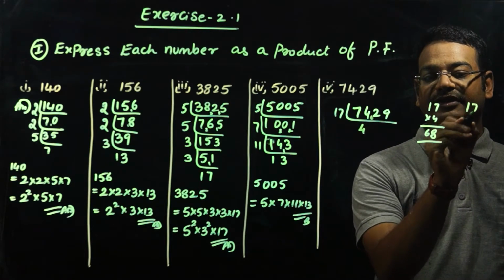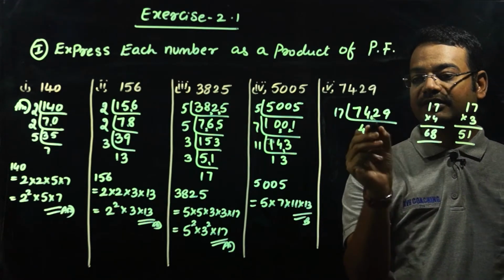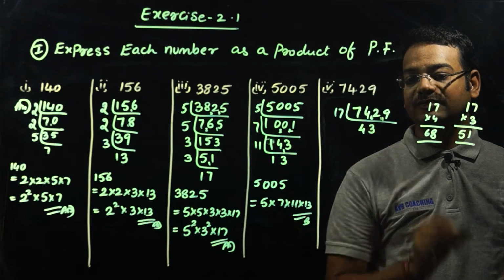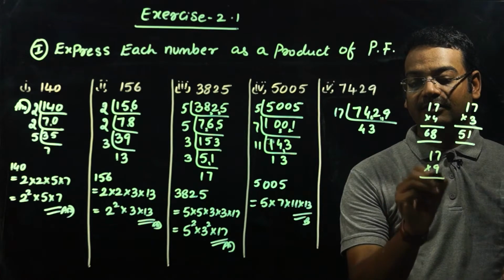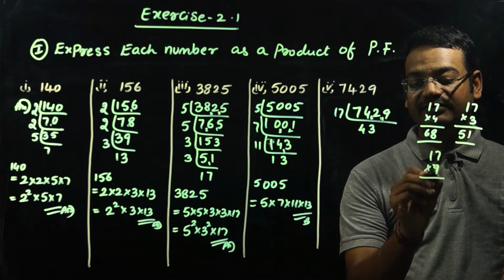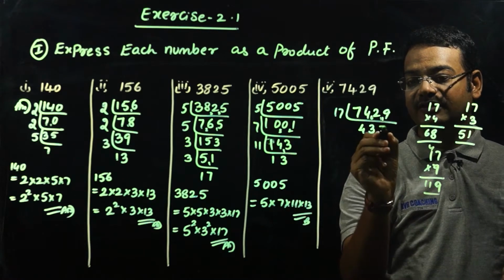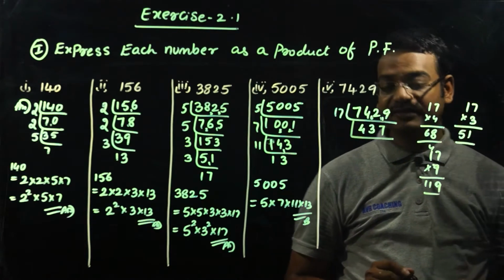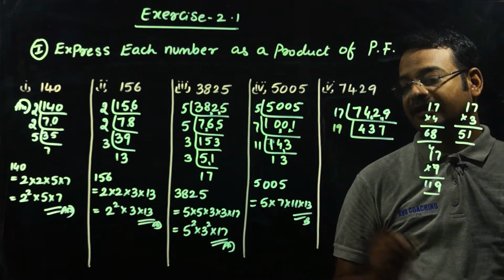Now 17 threes are 51. This becomes 119. 17 sevens are 119.